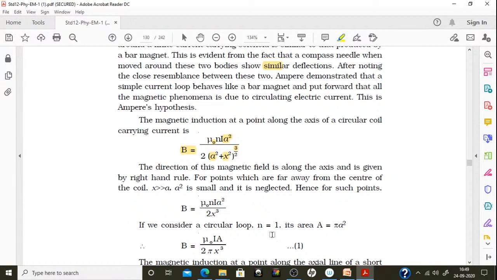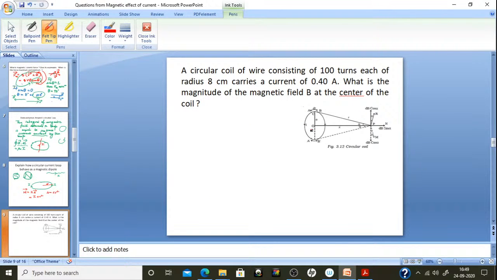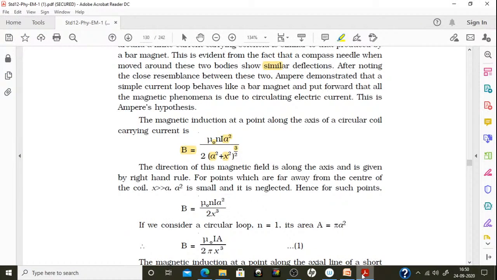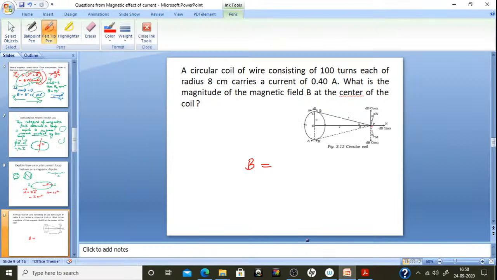That means at a point P the magnetic field B will be mu naught n I a square divided by 2 times a square plus x square to the power 3 by 2. So this is the magnetic field B at a point P.